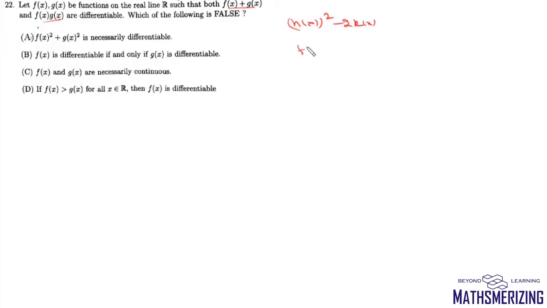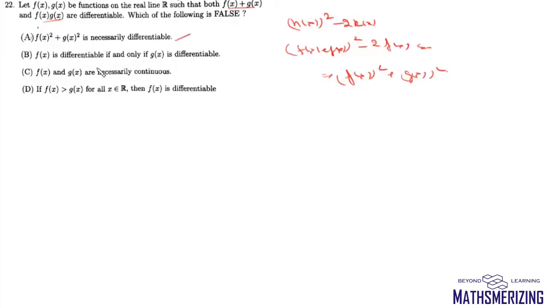Now h(x) is (f(x) plus g(x)) whole square and k(x) is f(x) into g(x). So from here we can say f(x) square plus g(x) square will be a differentiable function. So that means f square x plus g square x is differentiable.